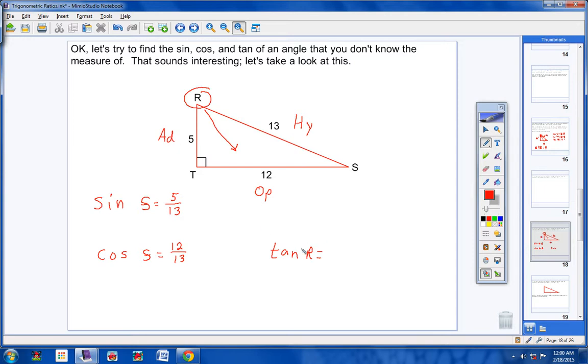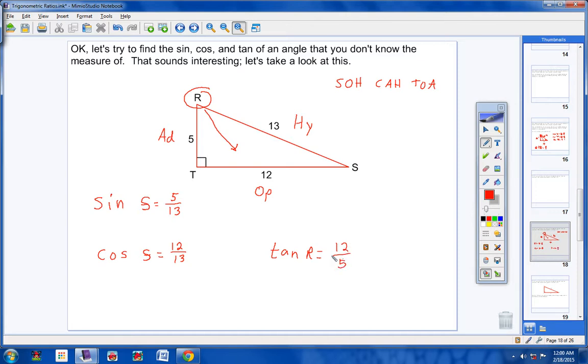So there we go. What is the trig ratio for tangent? Opposite over adjacent. Don't forget, guys, you can learn this very quickly by SOH CAH TOA. Alright? So the tangent of R is opposite over adjacent, 12 over 5.